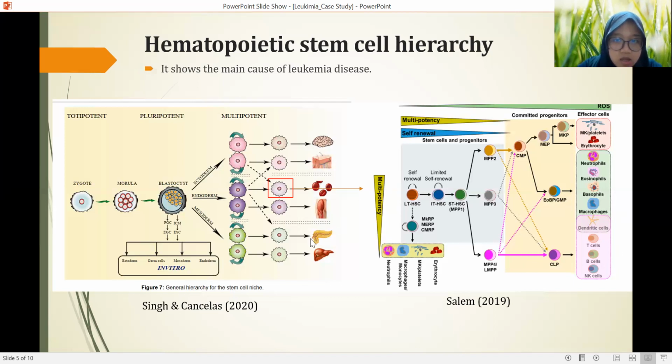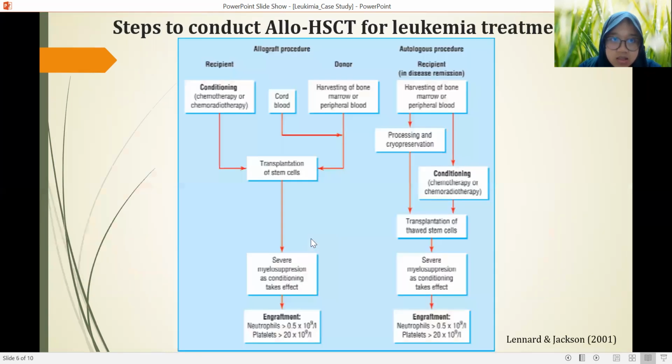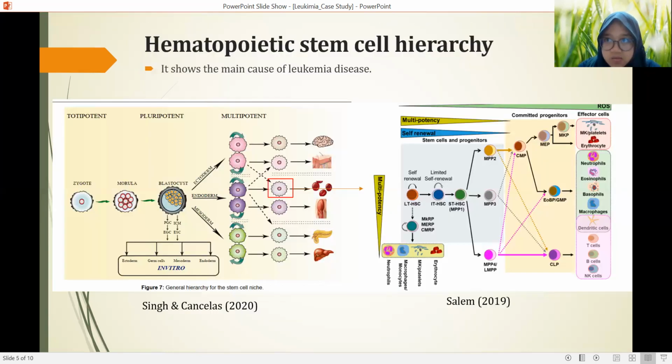Okay, and at this leukemia field, at this leukemia understanding, there is a word called CR1.